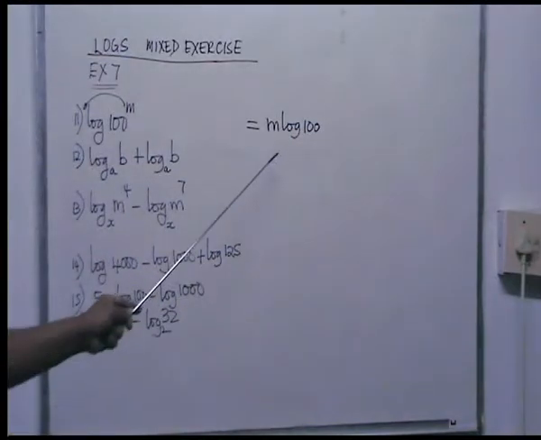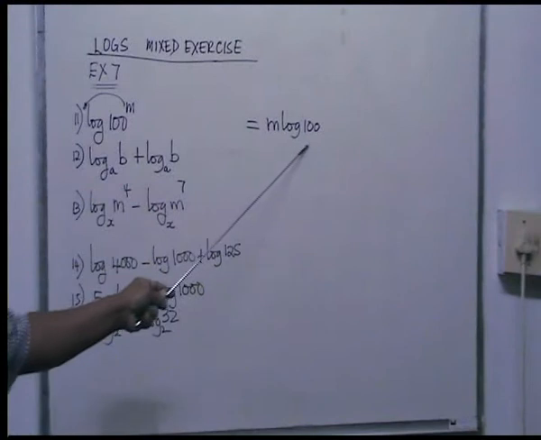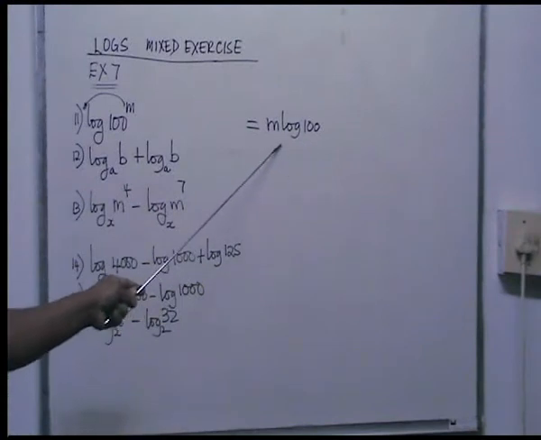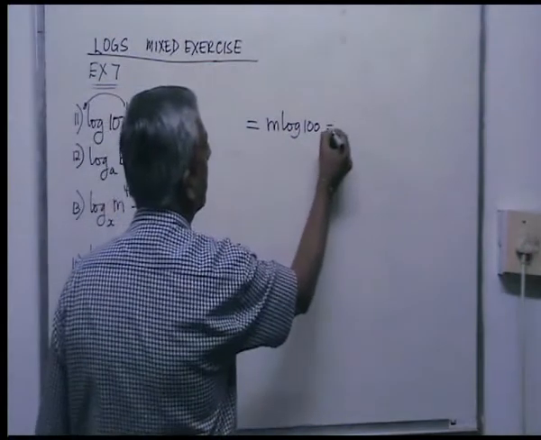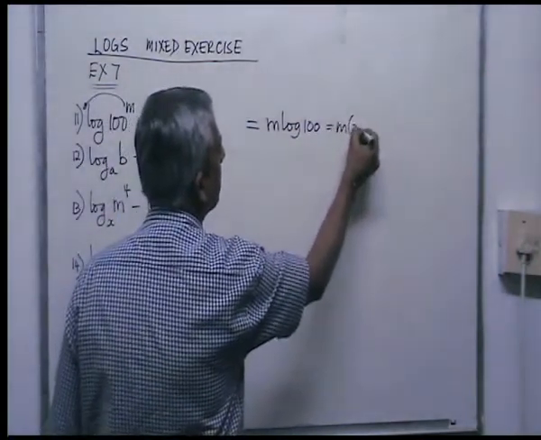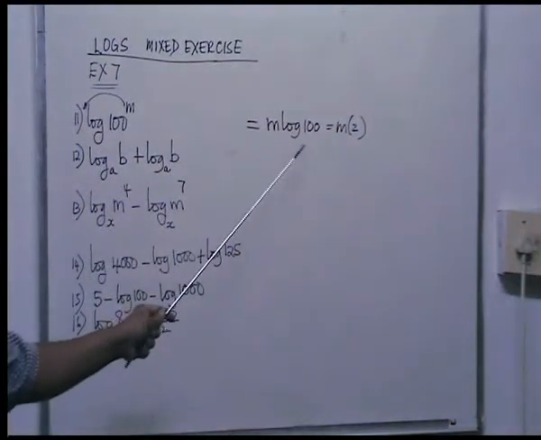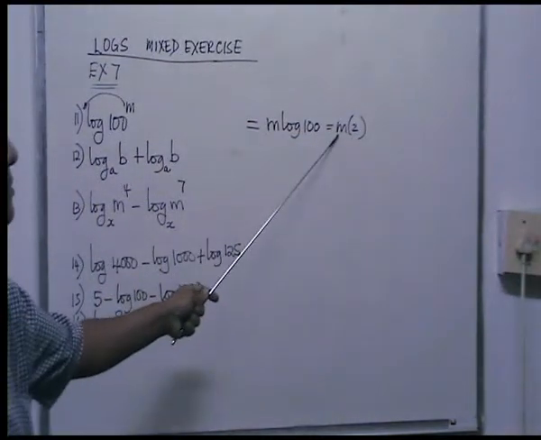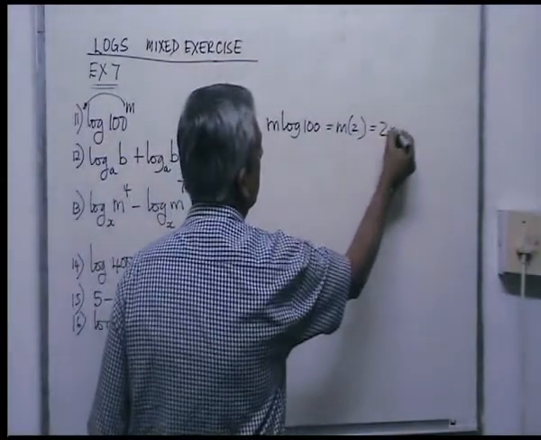Now, log 100 you can get from the calculator. You press log 100 and you'll get 2, so m times 2, which is 2m.